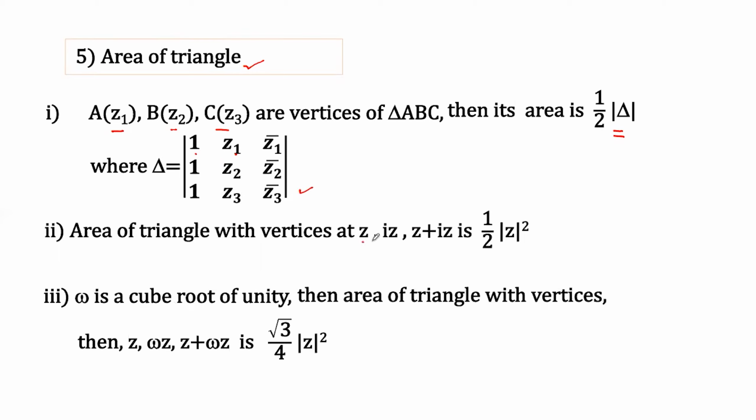If it is given Z, iZ and Z plus iZ, then it is half of mod Z square. In JEE, twice they have asked questions from this or this, right? This is an equilateral triangle. Later on, we will go for this. What is this omega? Omega is the cube root of unity. We will use this and prove the formula.